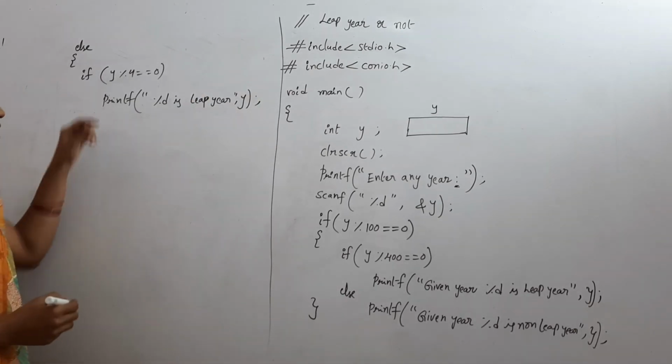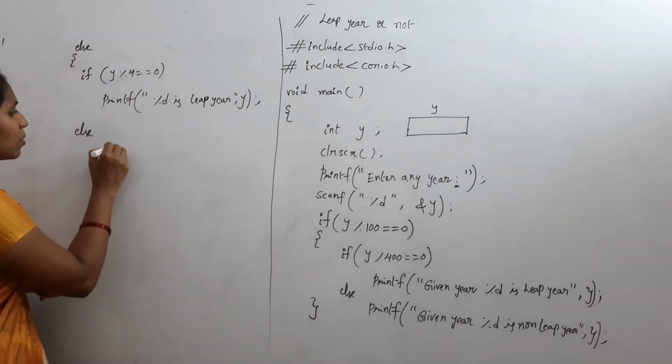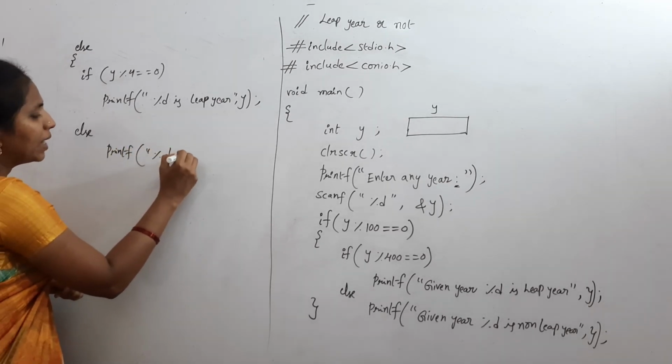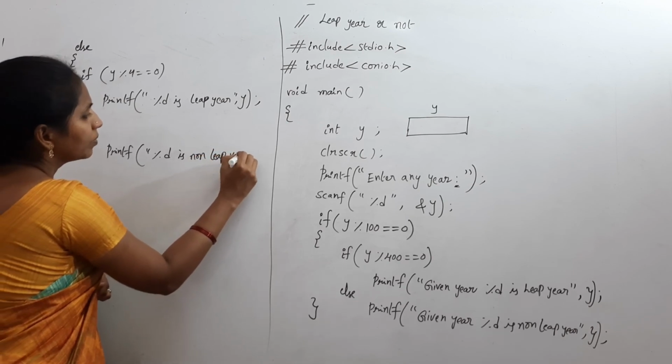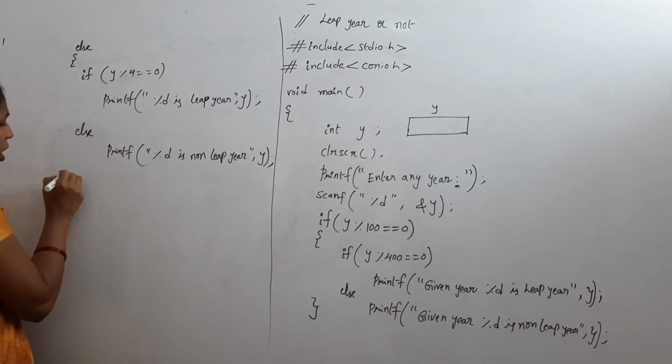Else, if this condition is false, not divisible by 4, then the else block will be executed: printf "%d is non-leap year", comma y.